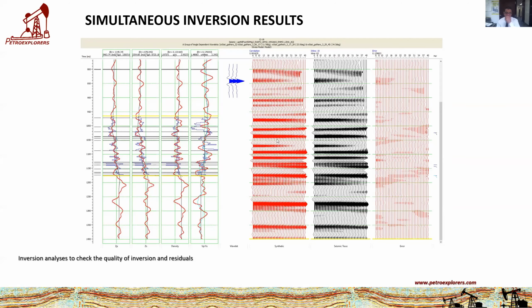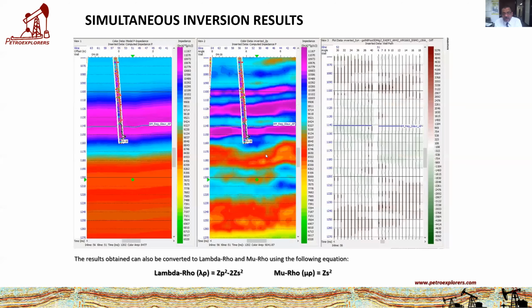So some of the best practices are to look at the residuals, keep the residual watching, and go back to the processing and try to address what you see in the residual. But in addition to the residual, you still have the problem.